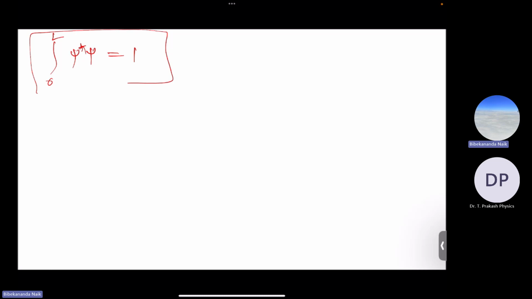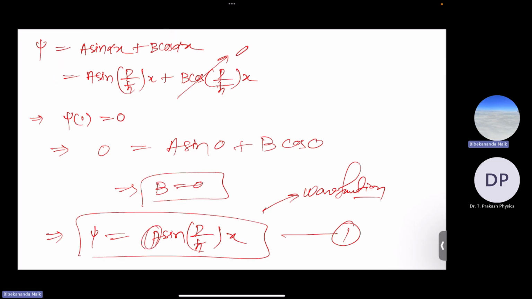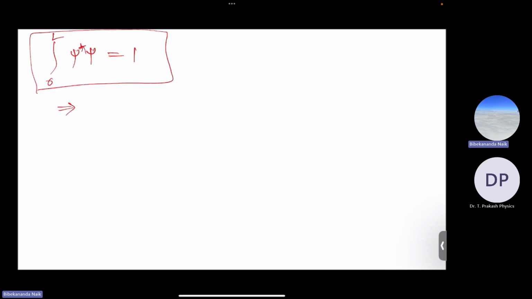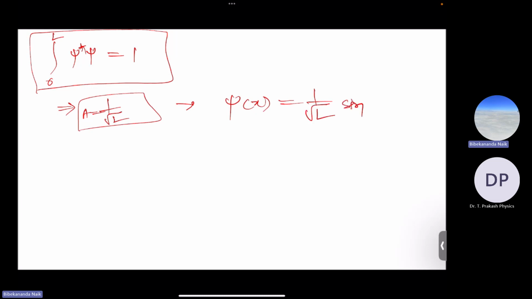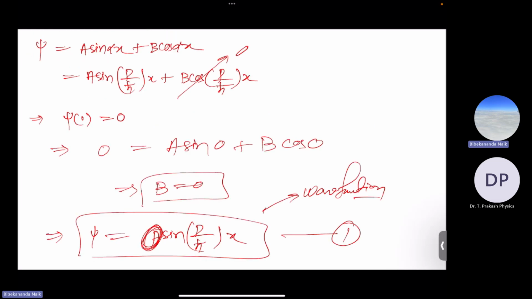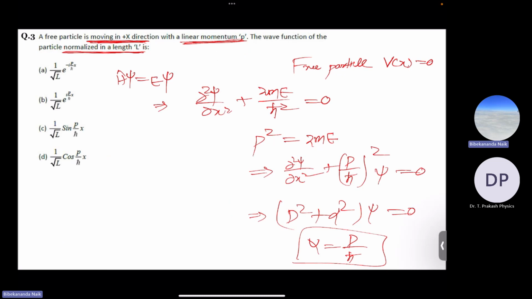If you integrate, you will find the constant A is 1 by root L. So the wave function will be 1 by root L sine p by h cross into x. So this is the correct option. Option C is the correct one.